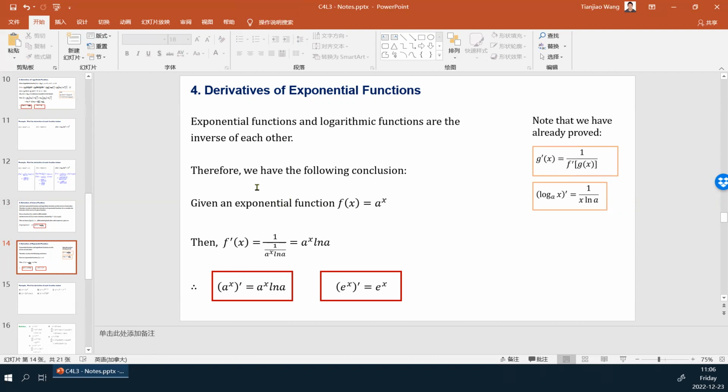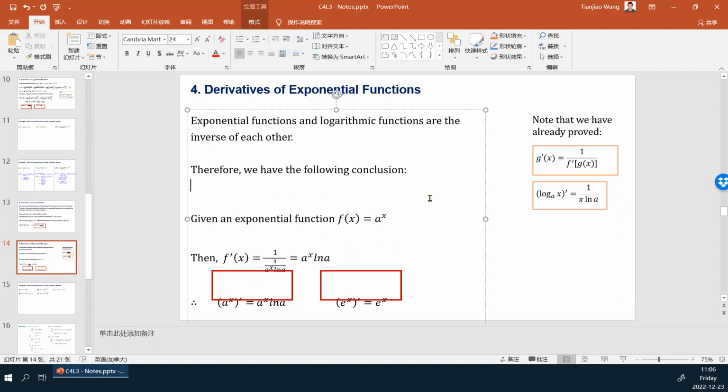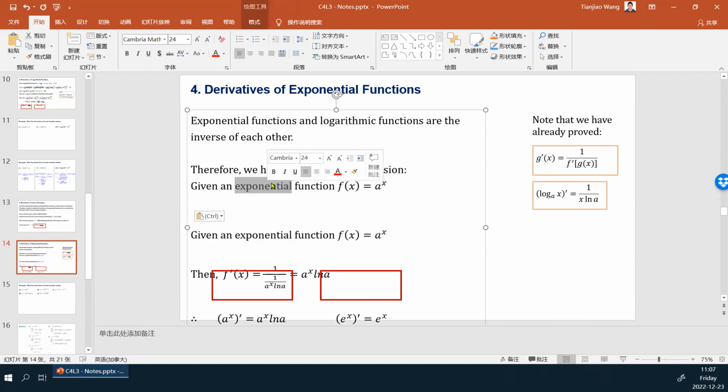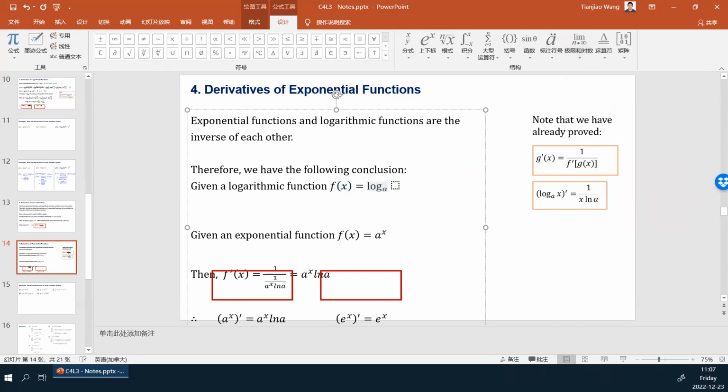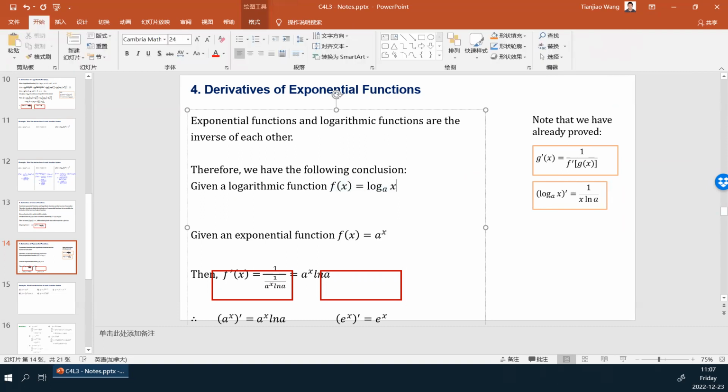Okay, then let's modify this a little bit. Let's say the original function is a logarithmic function, because we already know the derivative of a logarithmic function. So given a logarithmic function, f(x) equals log base a of x. So this is our f(x), right?